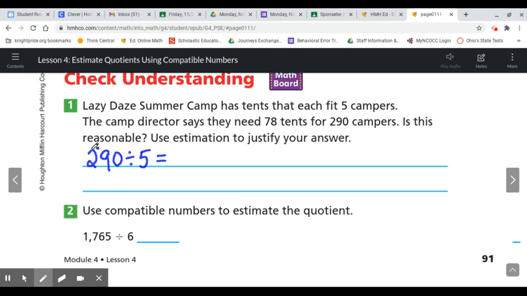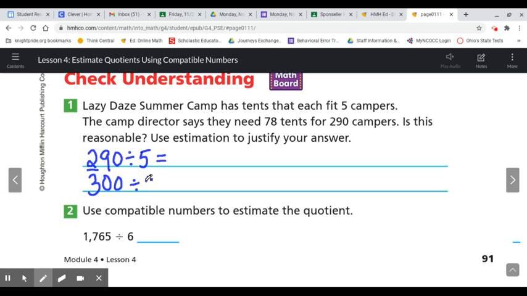It tells us to use estimation to justify your answer. So instead of saying 290 divided by 5, let's round 290 to the nearest hundred. Next door to the 2 is a 9, which means my 2 will round to a 3, and 290 will round to 300.